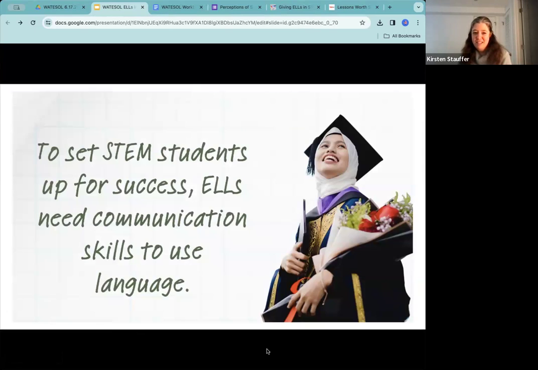To help set our ESL, EFL, ELL students up, they really need the communication skills. If you give them a process task that we have them do in the regular English classroom, but they're not able to explain a process, they might not be able to explain how to solve a problem in a math class. Especially as we move forward with generative AI, I think it's still really key to give students the communication skills, so that they can plug anything into ChatGPT or any of the other tools and get great answers.